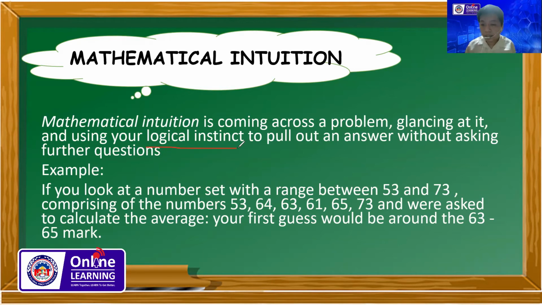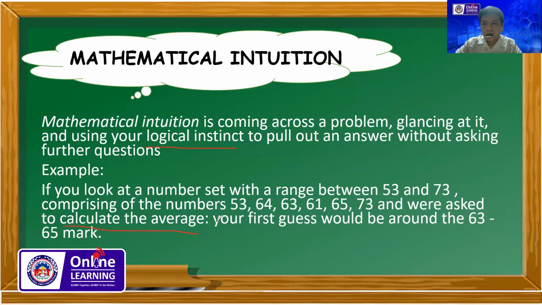First guess will be around the 63 to 65 mark. So again, if you take a look at the example, we have the range between 53 and 73, comprising the numbers 53, 64, 63, 61, 65, and 74, and we are asked to calculate what we call the average. Okay, so that's why our first guess is the 63 to 65 mark.